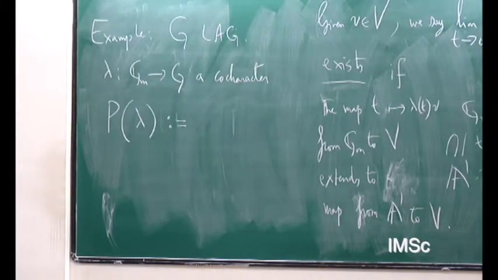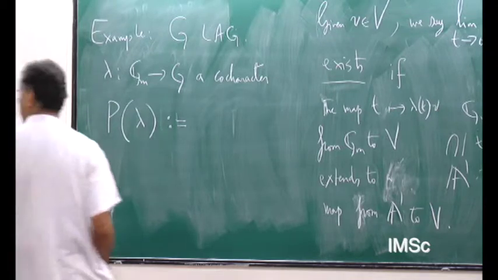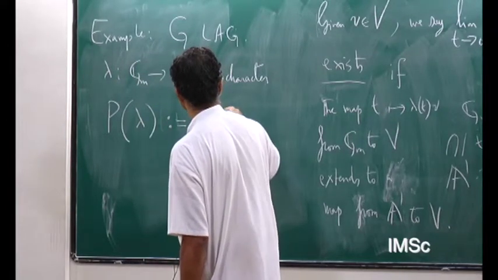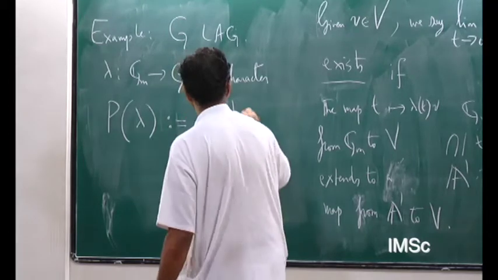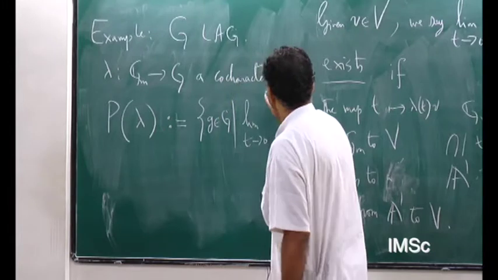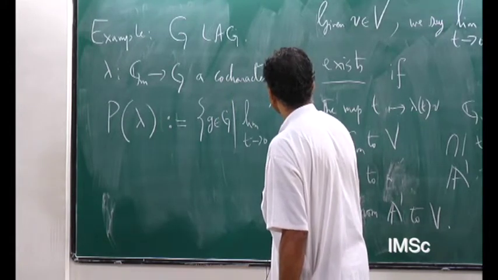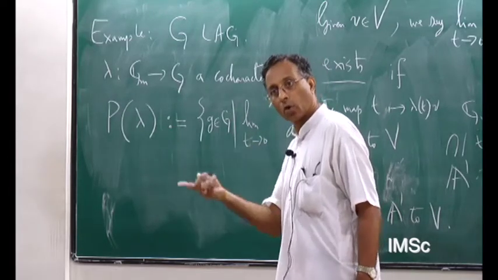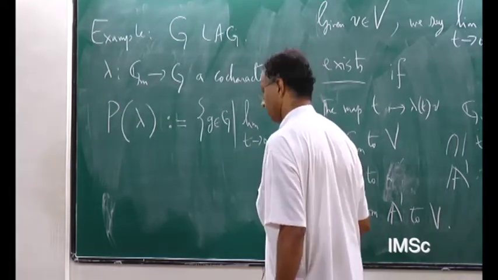I didn't define this, so this is V lambda. That's P lambda in this case. So what is it? It is all g in G such that the limit as T goes to 0 of lambda T acting on g, which when I write it on top here means conjugation, exists.